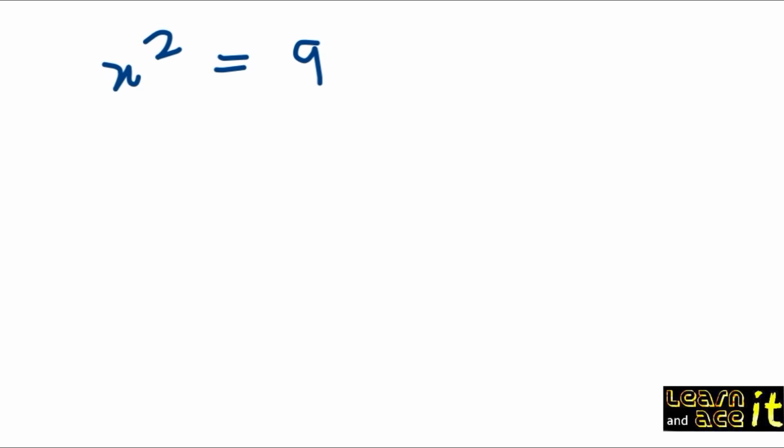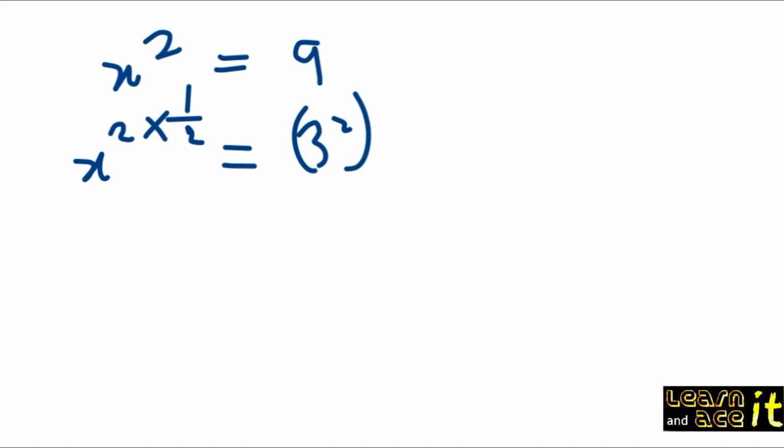So the first thing to do in order to solve this equation, we are going to multiply the exponent with its reciprocal, so it will be x to the power of 2 multiplied by 1 over 2 equal to 9 can be written as 3 to the power of 2, and then we'll raise it to the reciprocal there of 1 over 2, so that will be 1 over 2. And then from here 2 will cancel 2, and then we will remain with x to the power of 1 on the left hand side there.